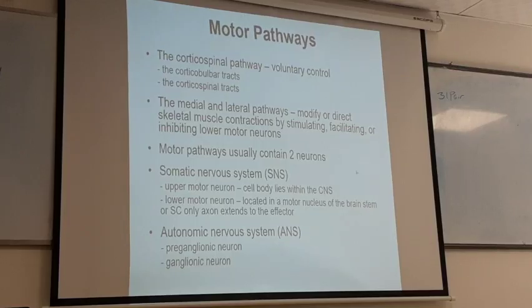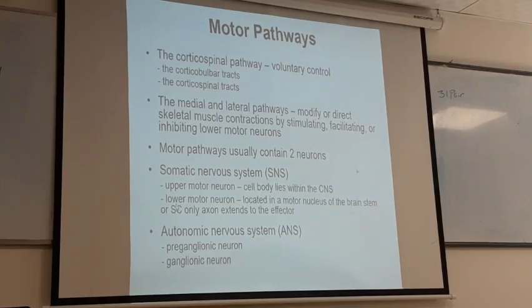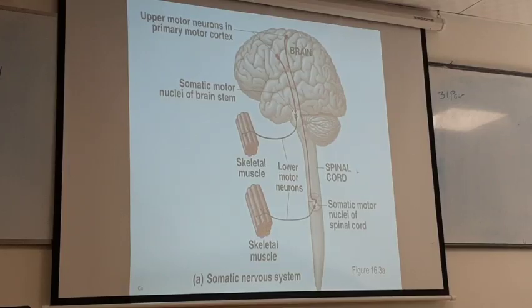These roots have two neurons: upper motor neuron in the CNS, lower motor neuron in the spinal cord. You see this brain, this upper motor neuron is in the region named primary motor cortex.